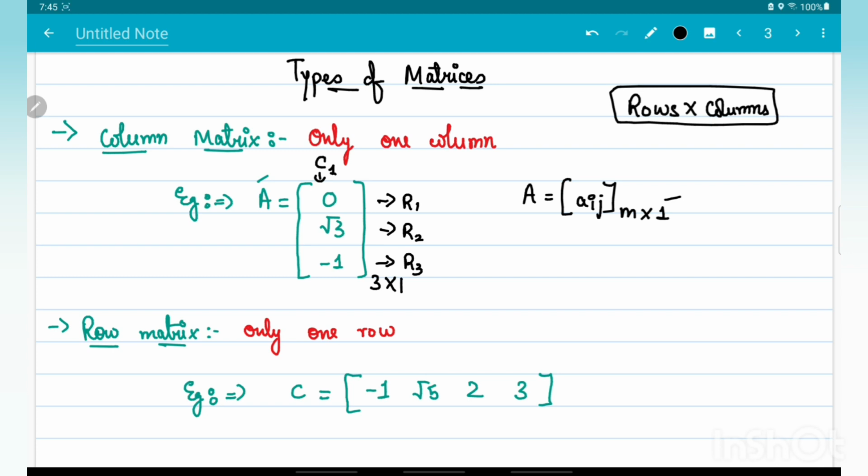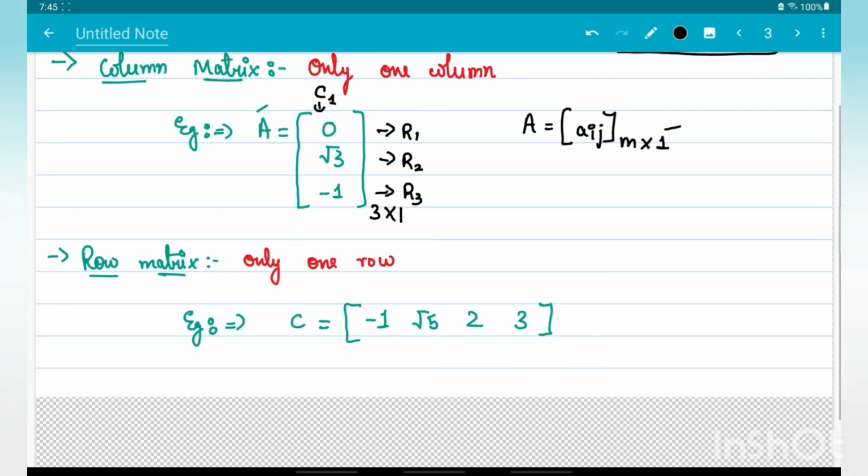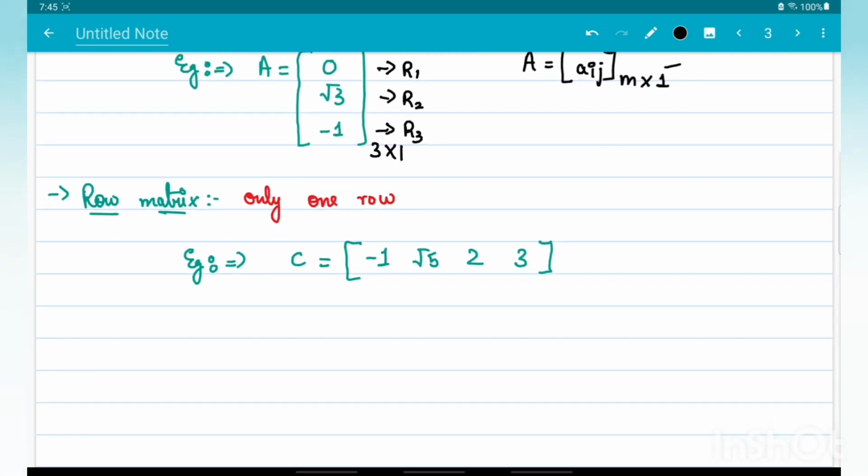Now let us see what a row matrix is. Similar to a column matrix, a row matrix is a matrix in which there is only one row present. Here the number of columns doesn't matter, only one row should be present. That is the main concept behind a row matrix. Suppose I've taken a matrix defined by C, and if you check, it has only one row.